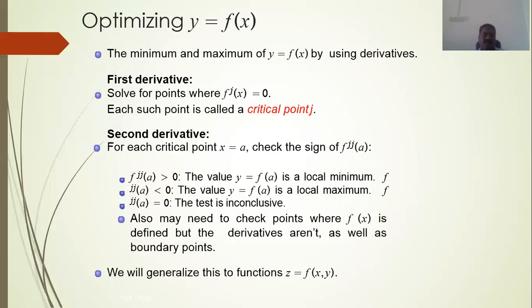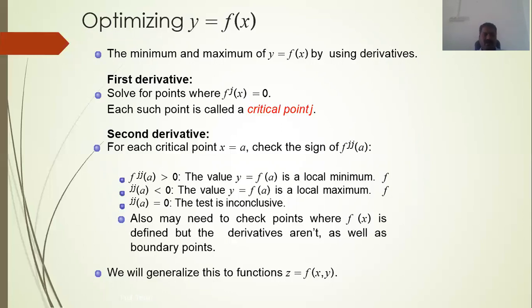There are other ways, right? Also, we need to check points where f of x is defined but the derivatives are not, as well as boundary points. Then we'll generalize the discussion to functions of more than one variable, say 2 variables, 3 variables, and n variables. So let's see how to optimize.